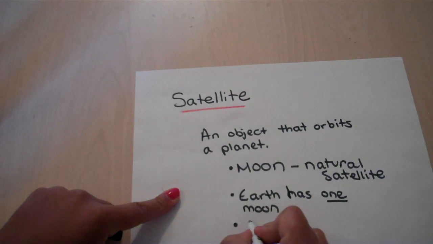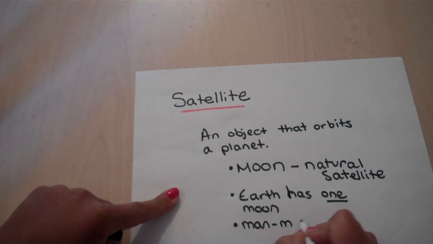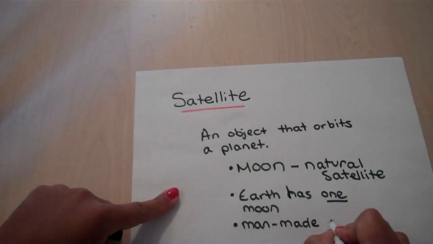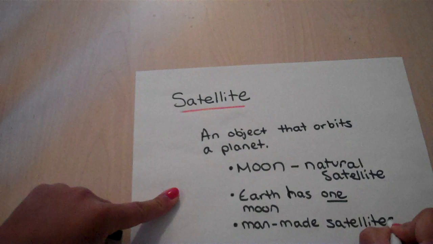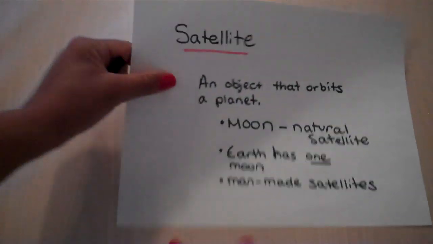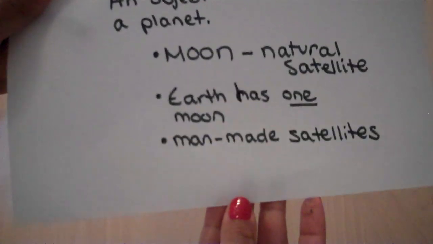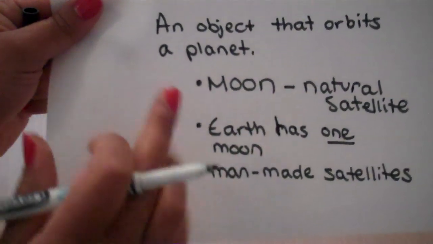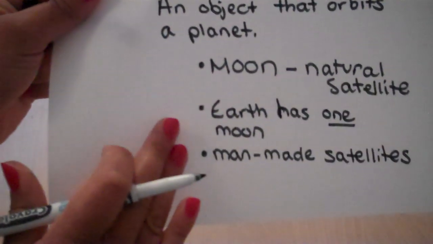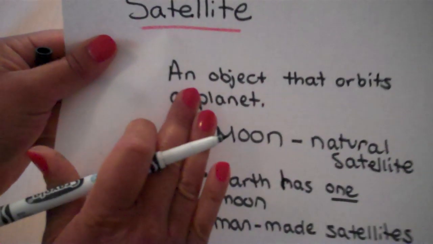So we have man-made satellites. There's a difference between a man-made satellite and a natural satellite like the moon, but they will do the same thing. They will follow this definition.